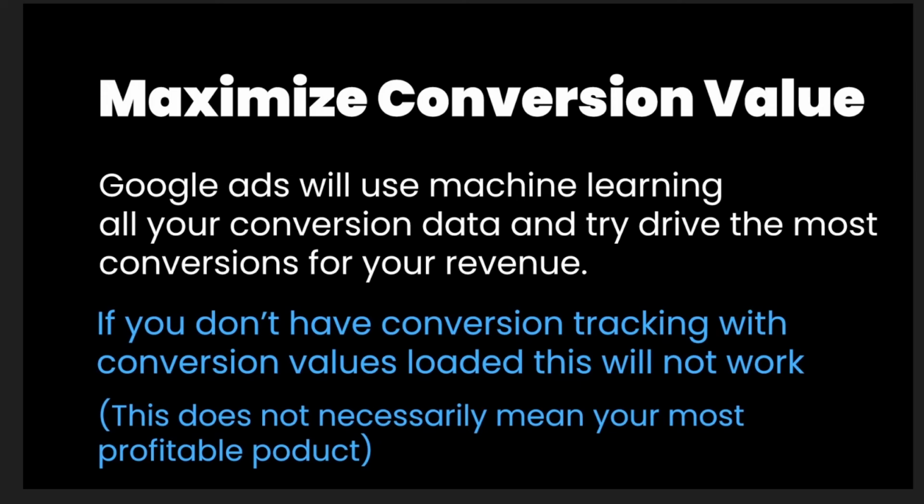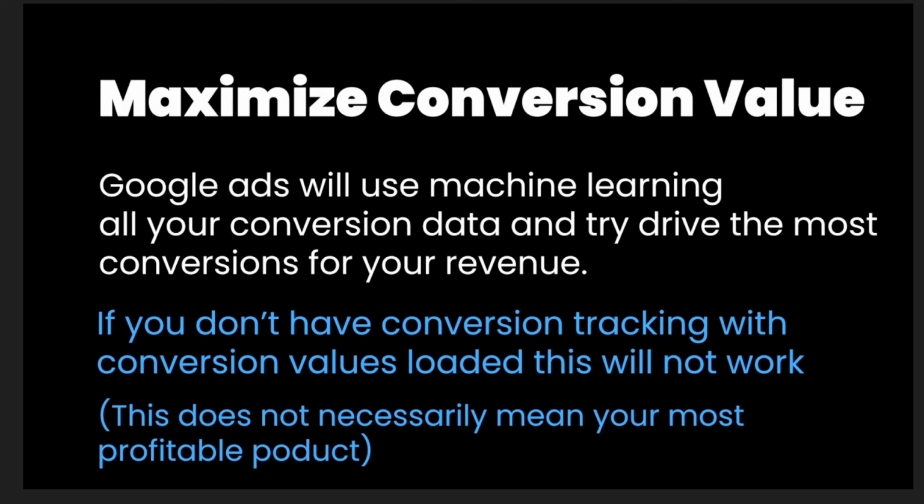So yes, make profit is part of that, but it's extremely machine-like in the way it figures it out. So don't think that by setting this setting that you're automatically only going to sell the most valuable products. It's going to try and drive as much revenue back to you while using as much conversion data and as many high converting products as possible.